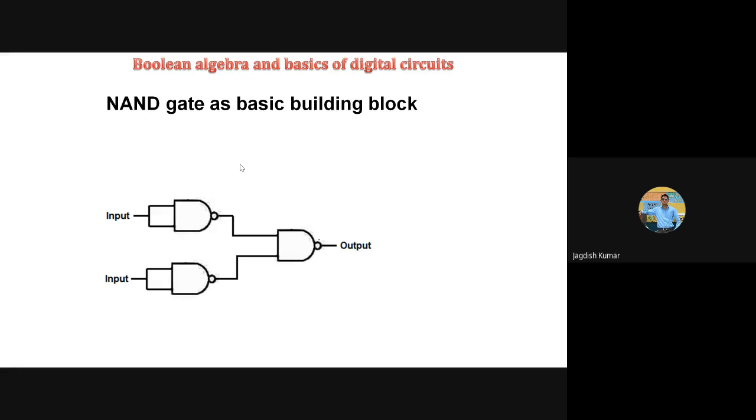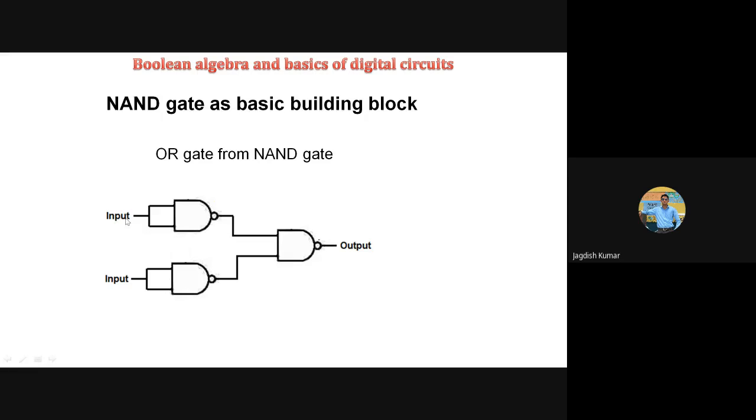Now the question is how we can obtain an OR gate from a NAND gate. An OR gate can also be obtained from a NAND gate by following this simple circuit. Now you can try to see the operation of this. Let us make a truth table in our notebooks. I recommend you open your notebooks if they are not already open, and make columns.